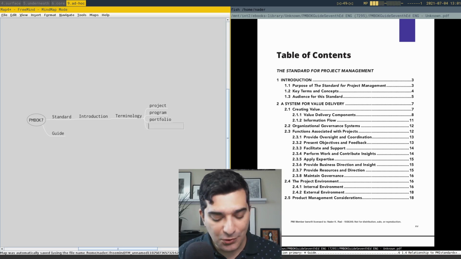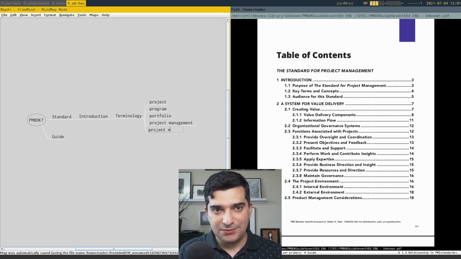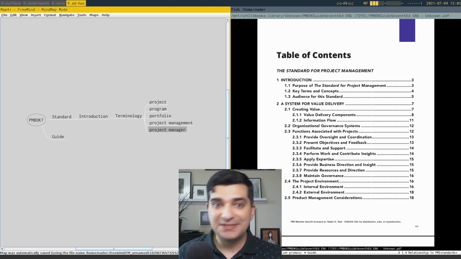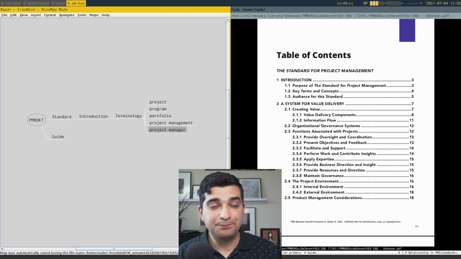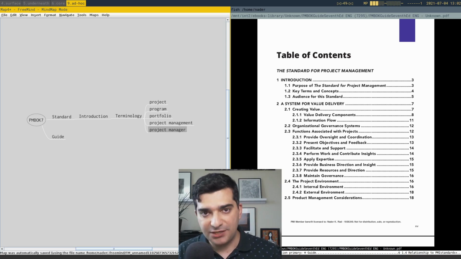And then, of course, what is project management and project manager? Now, this is very important here. There's a big difference between project management and project manager. Project management is the concept, but project manager is a role. Now, what we really want to have in projects is project management.